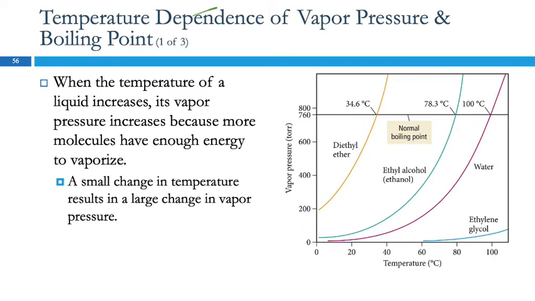So interesting, what happens if we increase the external pressure? Let's say we take the external pressure up to here. What does that do to the boiling point? Increases it. So if we say, well, what about this pressure? That might be 900.